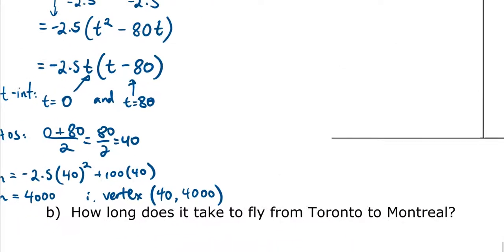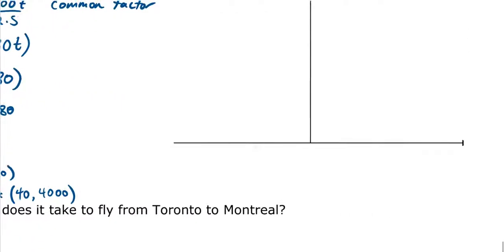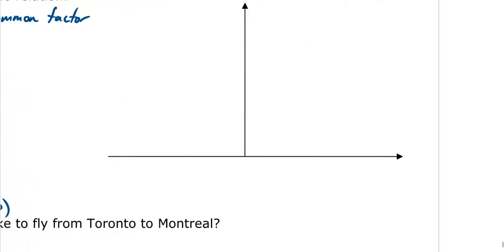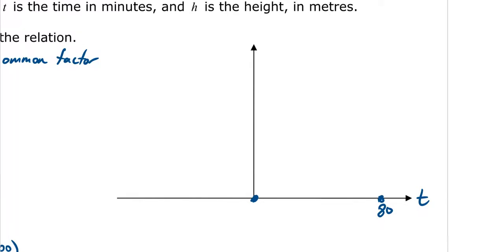And then I plot the graph. So my x-intercepts here are 0 and 80. We'll put 80 over here at the other end. And this is my t-axis. So my x-axis is just called my t-axis, and my y-axis is called my h-axis for the height. And then you draw your axis of symmetry roughly halfway, here at 40.